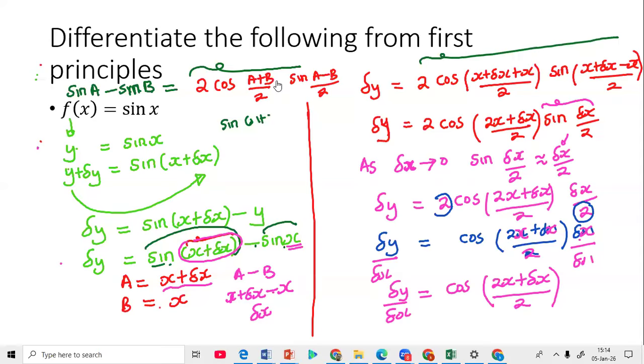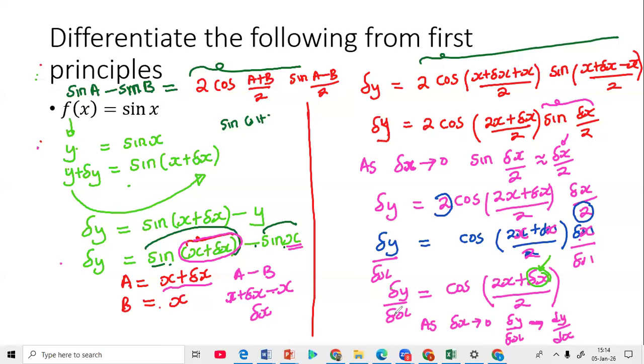Okay, Martina says, okay, we are safe. Now we complete. Now when you reach here, we bring in our limit issues. So we say as delta x tends to 0, our delta y out of delta x will tend to dy dx. Where you have this delta x, it is going to vanish and it will become 0.